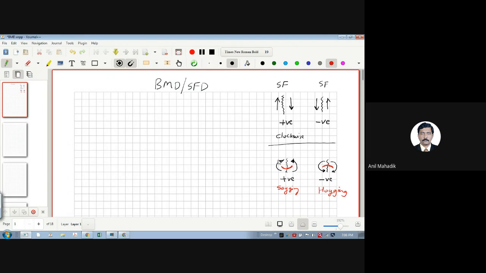These are standard conventions we use in the books. Are you getting the sign conventions? Yes, sir. So this is for shear force, and this is for moment.